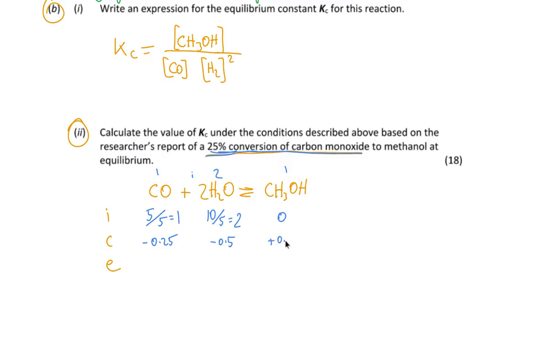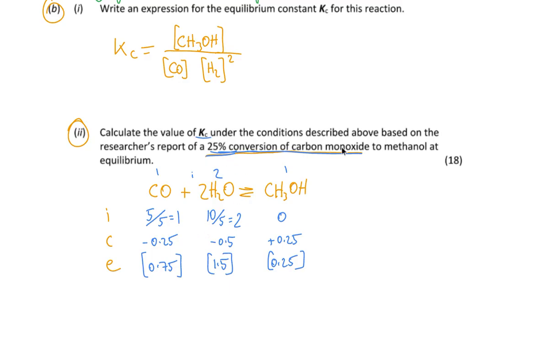This is going to gain by 0.25. And then at equilibrium, we're going to have 1 minus 0.25, so that's going to equal 0.75. And here we've got 2 minus 0.5, and that's 1.5. And over here we've got 0.25. And remember, because we've divided it, we can put in our square brackets, that's moles per litre. We've divided it by the 5 initially. I like to do that as soon as possible, just to get into moles per litre.